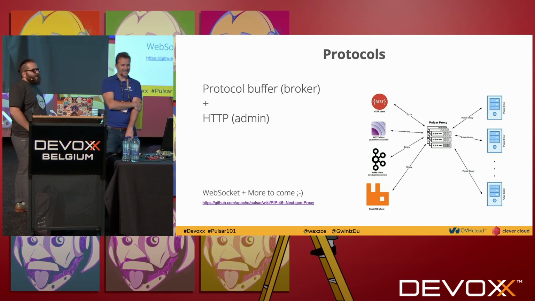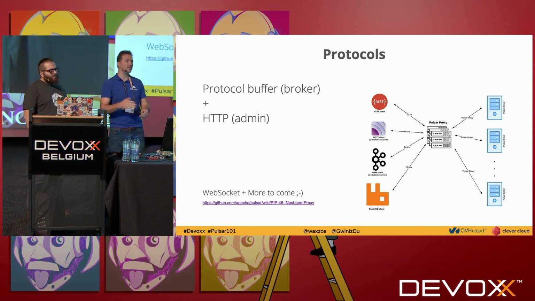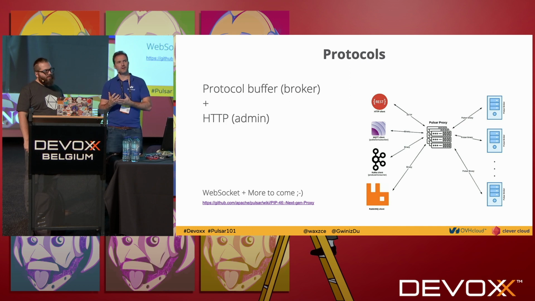No, not this one. You have many protocols, actually. Today, there is the Pulsar protocol. There is a WebSocket protocol. But things are moving, and currently there are efforts to merge the Kafka protocols natively inside Pulsar. This is kind of a big deal because Kafka now is not just a technology anymore.